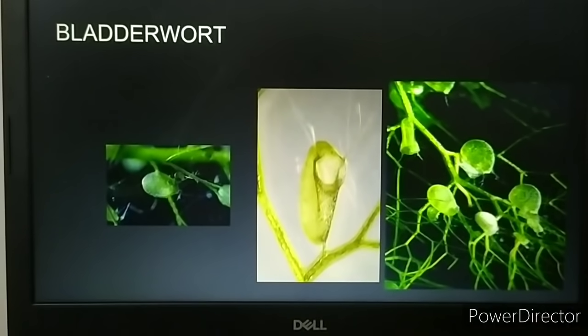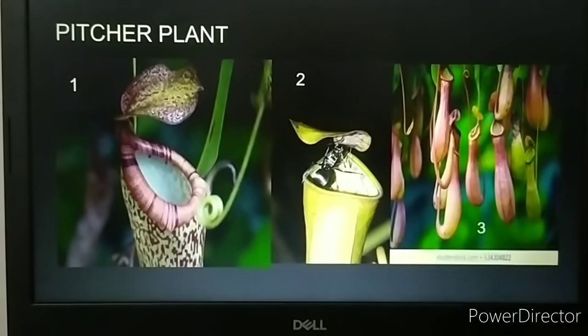The next modification we have to discuss is in another insectivorous plant, that is the pitcher plant, where the leaf is modified into a pitcher, a large container-like structure which is used to trap insects.